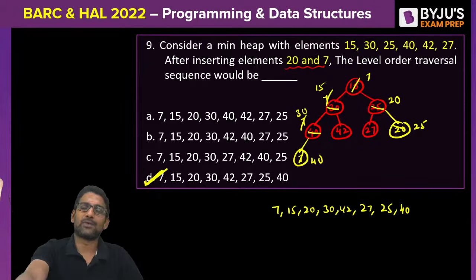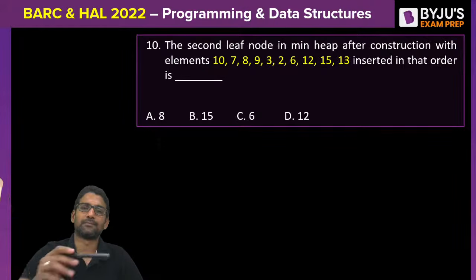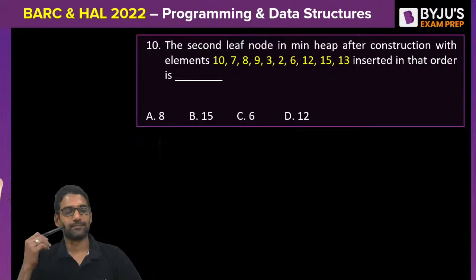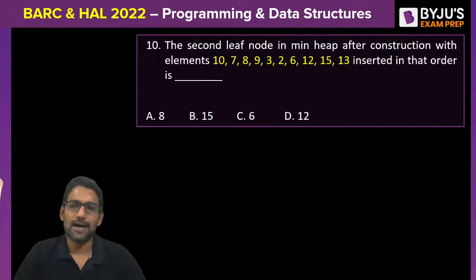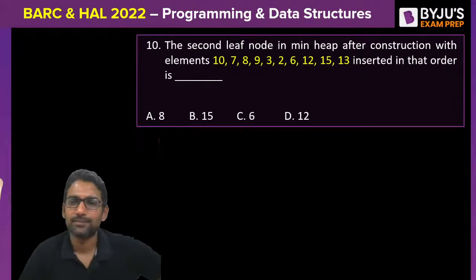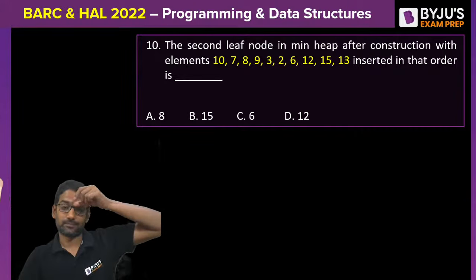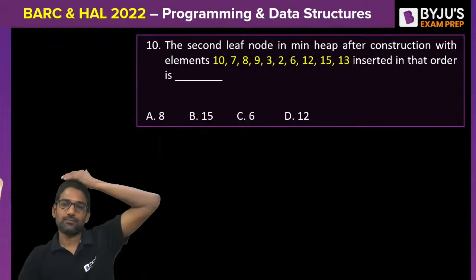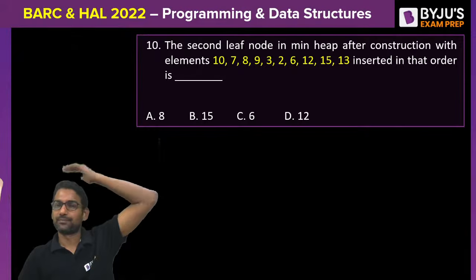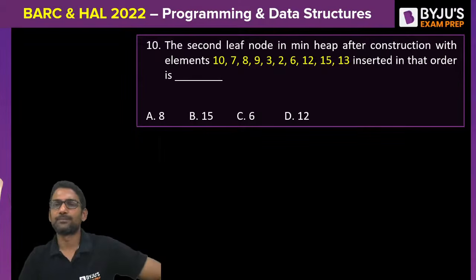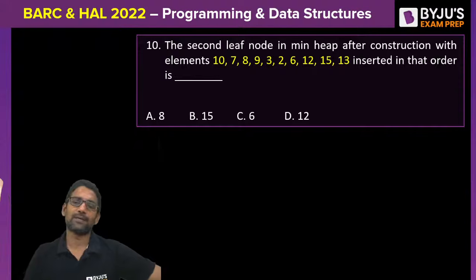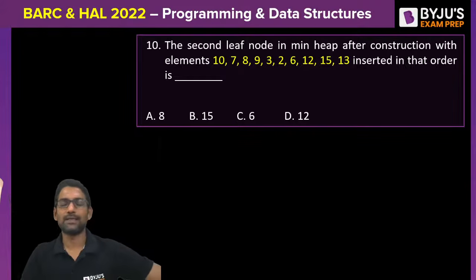Next question. Question number 10. The second leaf node in the min heap after construction with elements inserted in that order is... So we are constructing a min heap by taking elements in this order. After the heap construction is over, what will be the second leaf node? Solve quickly.